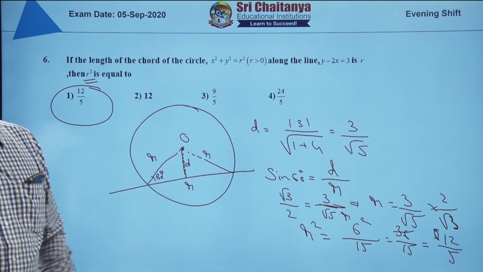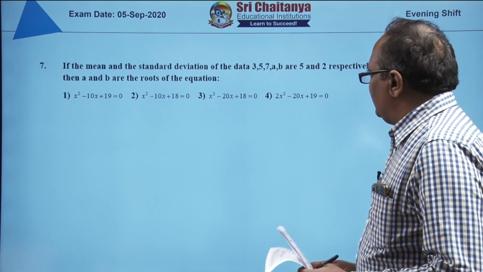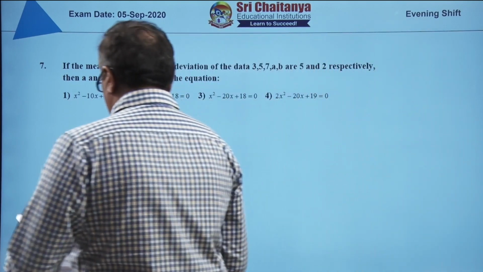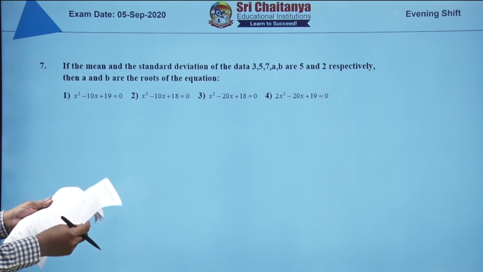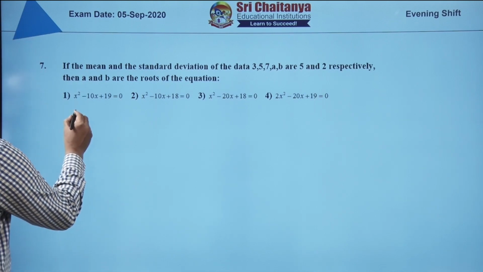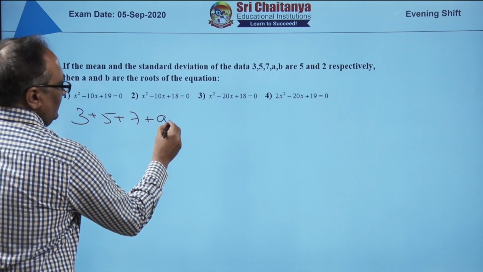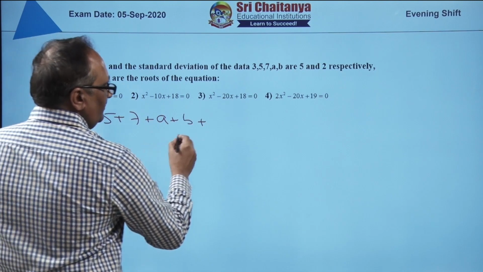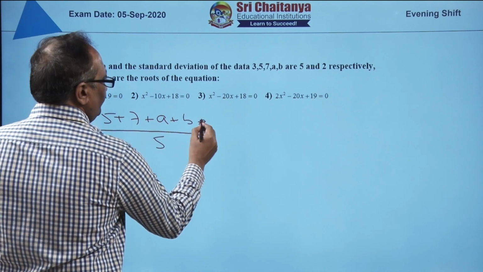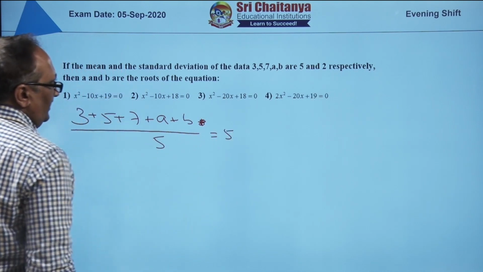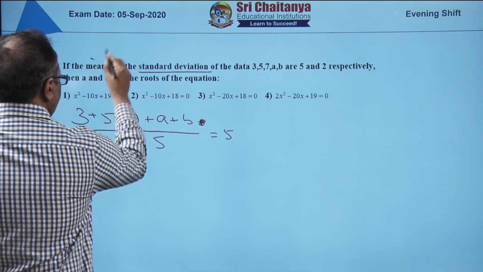Coming to seventh question. The mean and standard deviation of a data are given. Mean formula we know clearly: mean of the data is nothing but 3 plus 5 plus 7 plus a plus b, divided by 5, and the mean is given as 5.